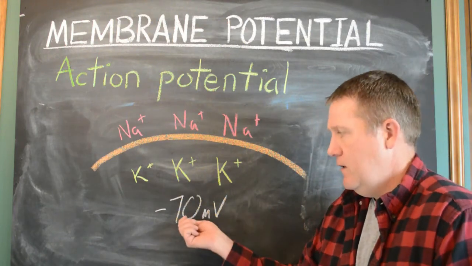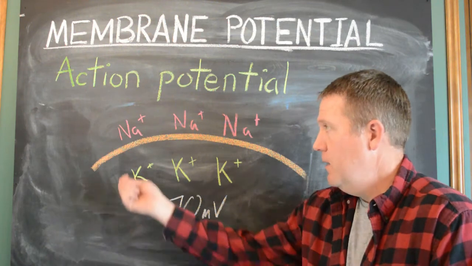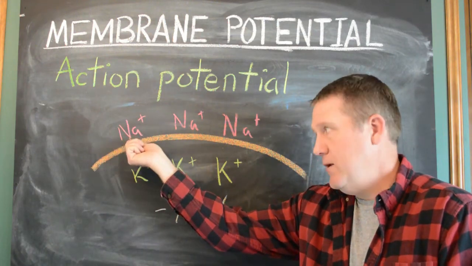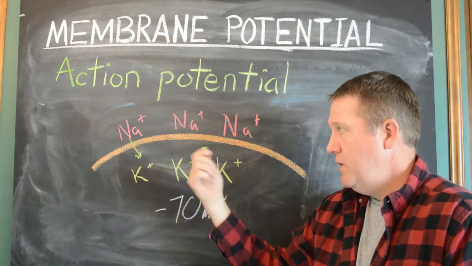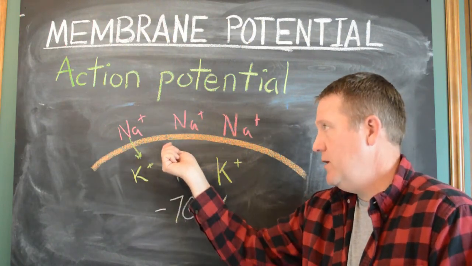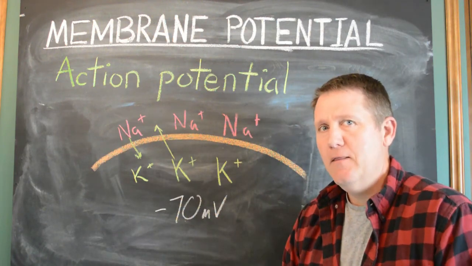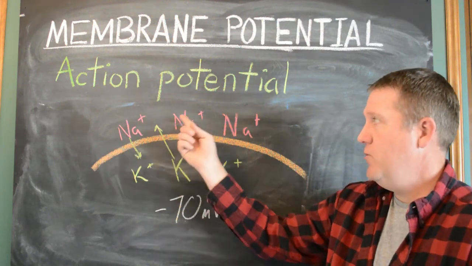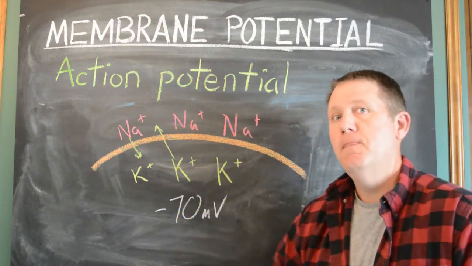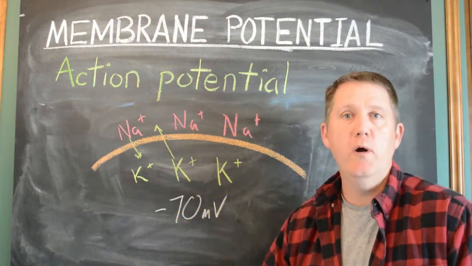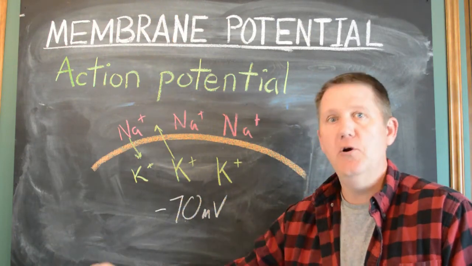So if the cell is all charged up, ready to go at -70 millivolts, then we can open up channels and let sodium in, which then triggers another reaction and lets potassium out. And that basically then causes a chain reaction down here, and then down here, and then down here, and the signal spreads very quickly, miles per hour, even a couple hundred miles per hour, down a neuron.